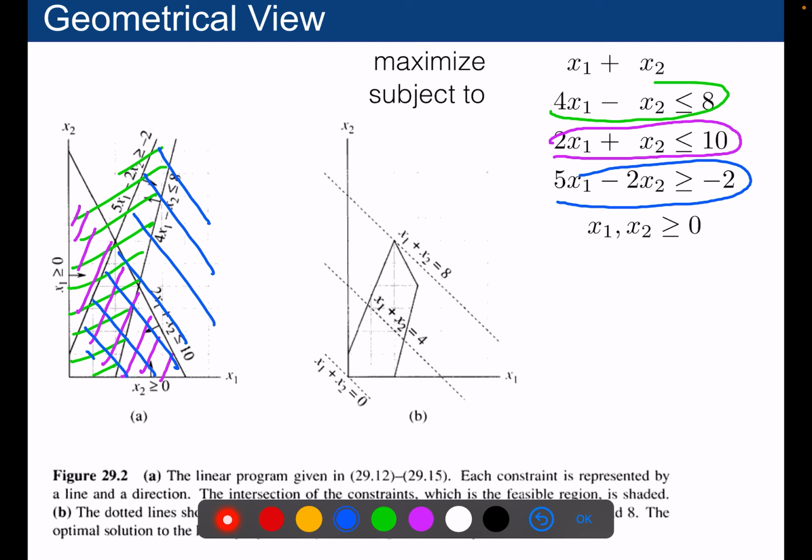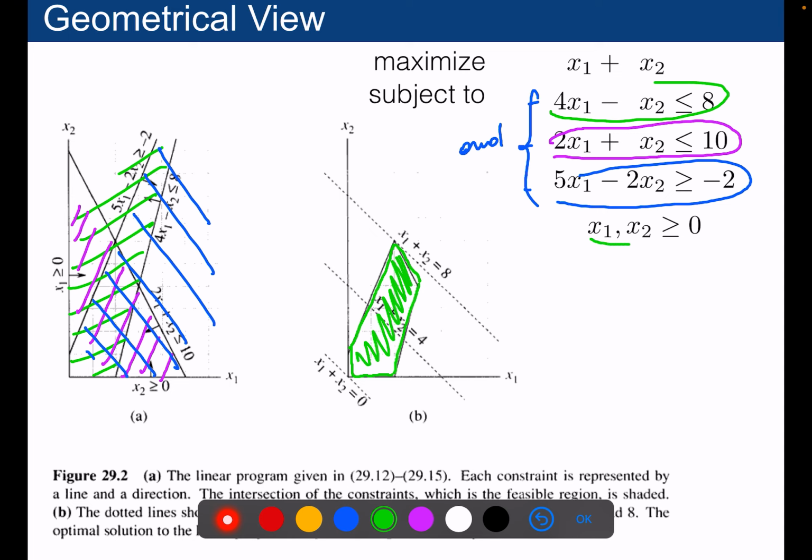And because you need to satisfy the 3 constraints together, it's an AND, you need to be feasible according to this constraint and this constraint and this constraint. If you take the intersection of all these regions, you will end up with the following feasible region here. That's the feasible region, and every feasible solution needs to be exactly inside it.